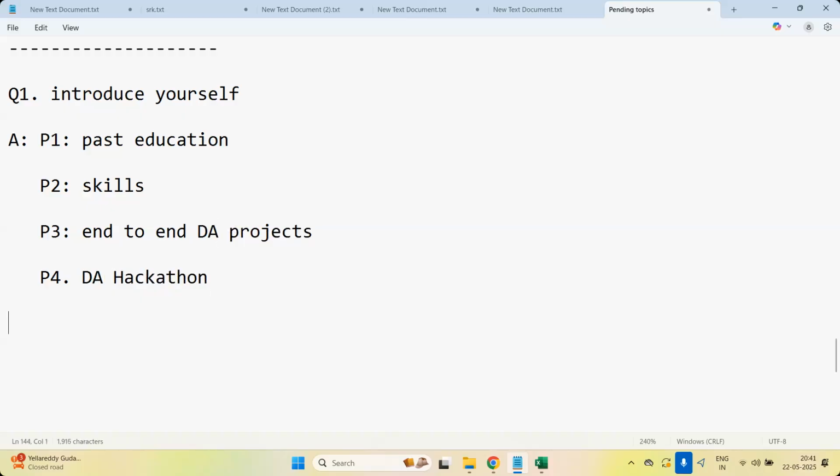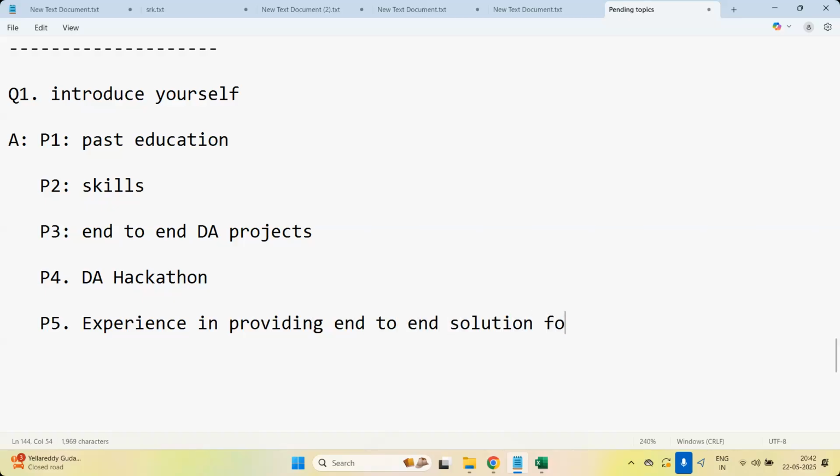Point number 5: I have the experience in providing an end-to-end solution for the given business problem, or as per client requirements. If you have a client, then client requirements; if a business problem, then business problem.